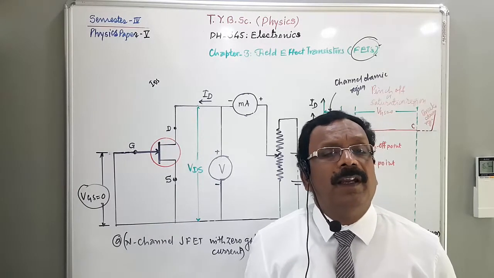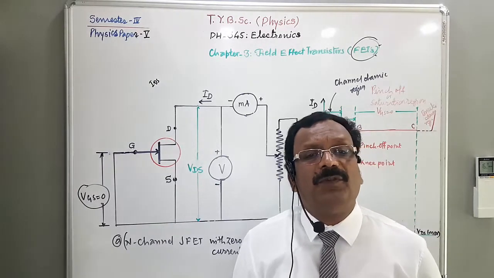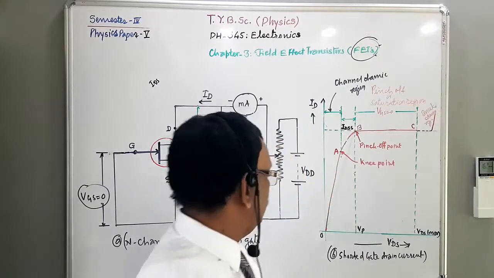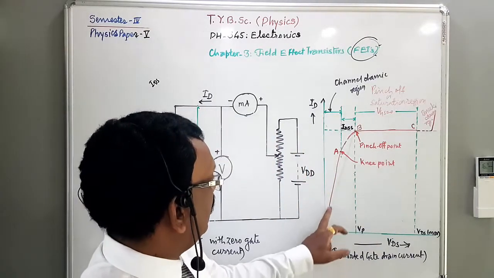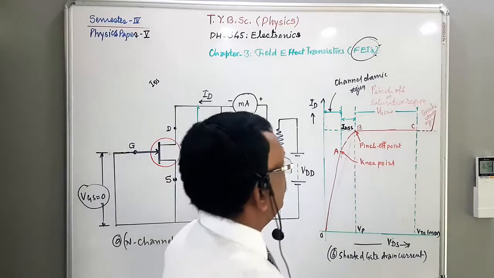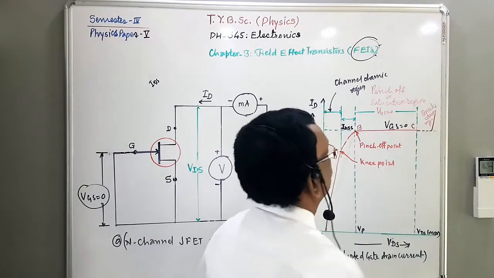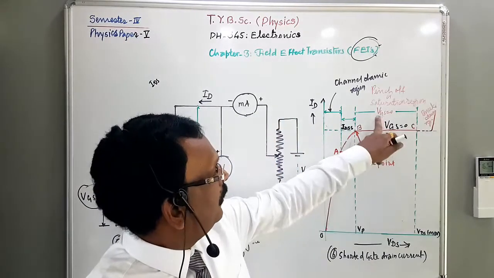The characteristics for VGS equal to 0 will be plotted looking like this figure. This is the characteristics for VGS equal to 0.